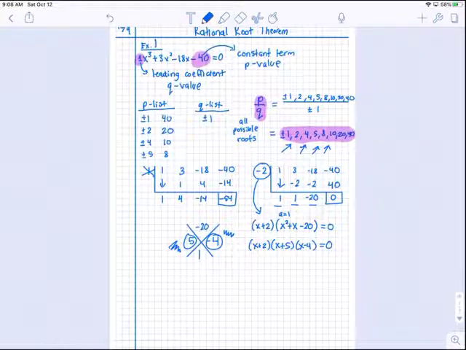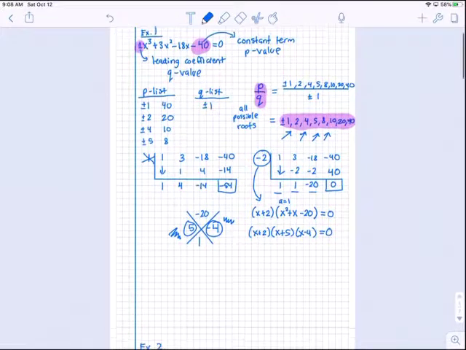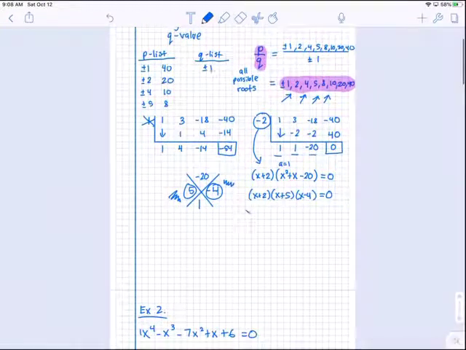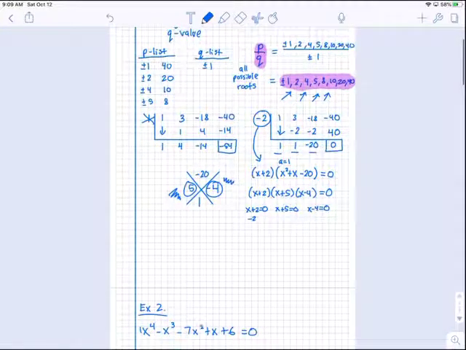Now remember, in order to solve for your zeros after this point, you set all these equations equal to 0, and then you solve for each one of these. So minus 2, x is equal to negative 2. That's 1 zero. Minus 5, x is equal to negative 5. That's another zero. And plus 4, x is equal to 4, which is another zero.